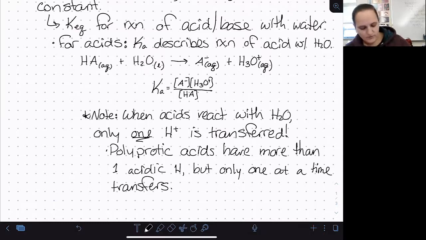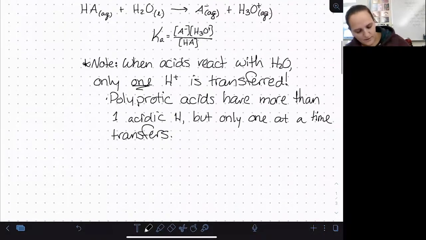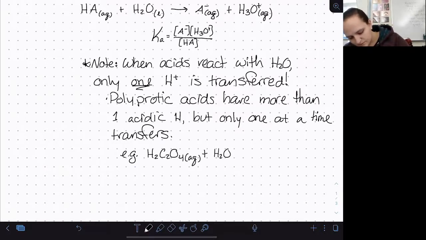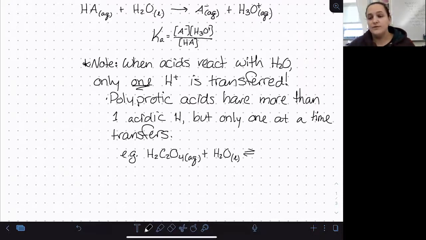So if we look at, for example, something like oxalic acid, which has two acidic hydrogens, when this reacts with water, we want to think about the protons transferring one at a time.